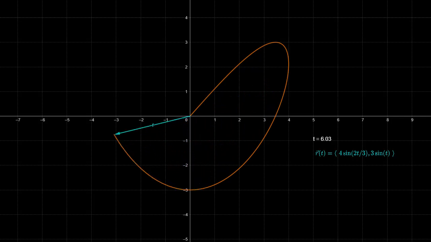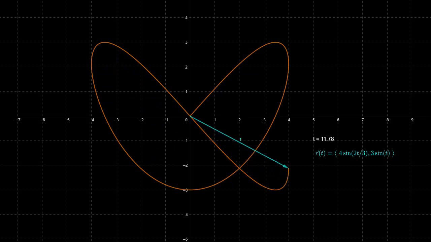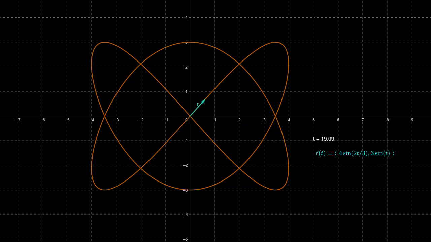I'll speed it up a little bit. And if it would just continue along this path, I'm pretty sure it just repeats this over and over again.